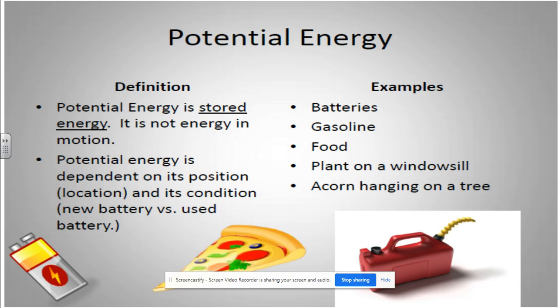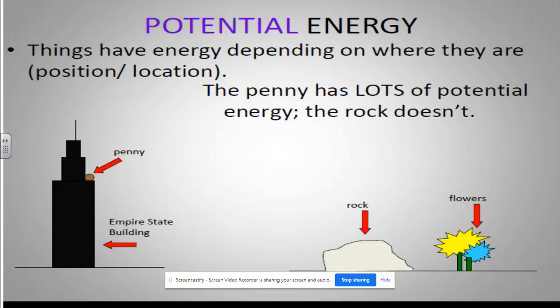Some examples of objects that contain potential or stored energy that can be used later are batteries, gasoline, food, plants, and an acorn hanging on a tree. In order for things to have potential energy, it depends on their position and location. The higher up we move something, the more potential it has to move.